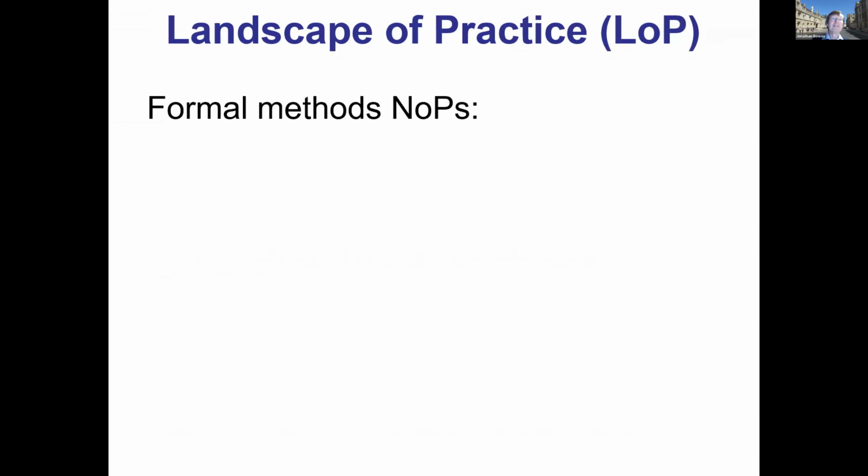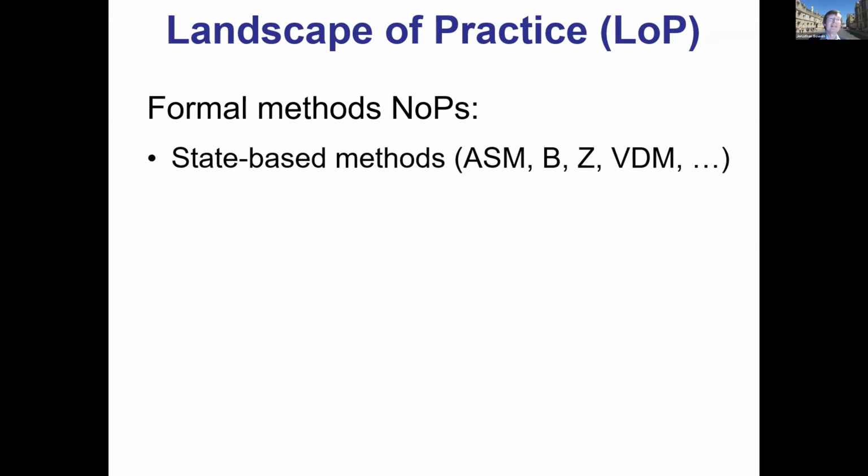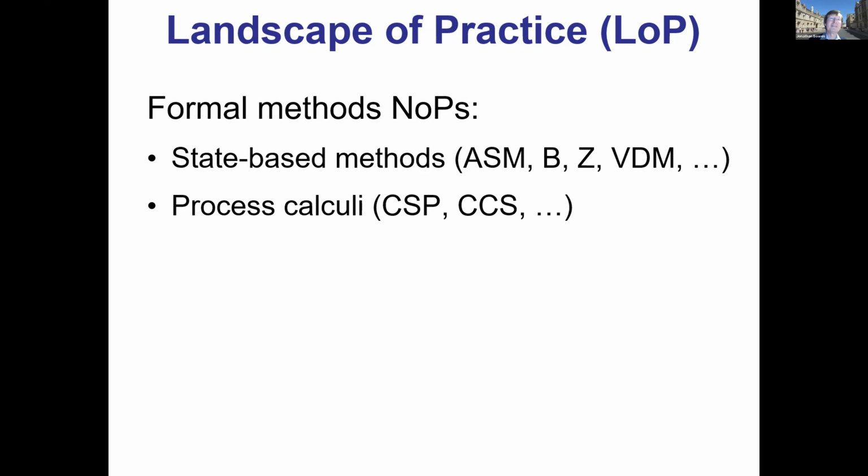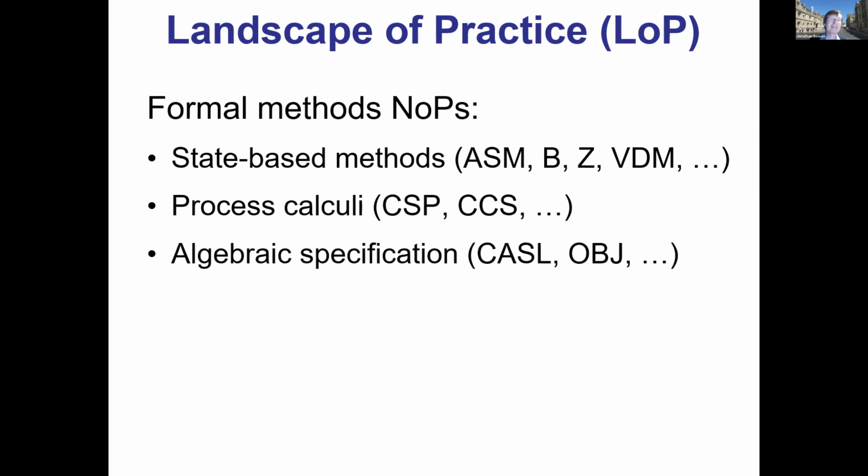And then even more generally, the idea of a landscape of practice has been come up with, which is a set of networks of practice. In the case of formal methods, there are different approaches. We've looked at the state-based methods especially, but then there's process calculi with CSP and CCS. That's another set of communities of practice that's really a network of practice because they've got common interests.